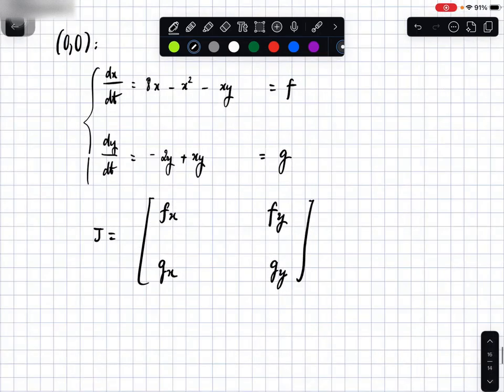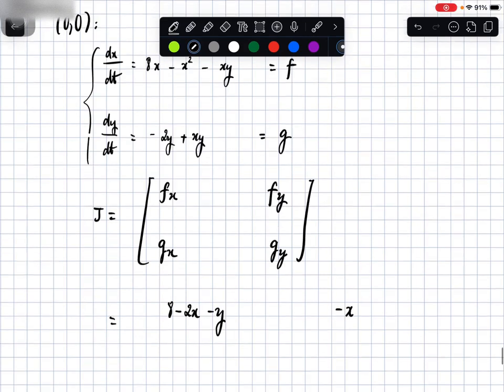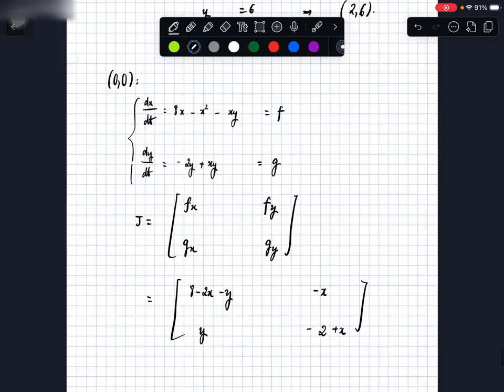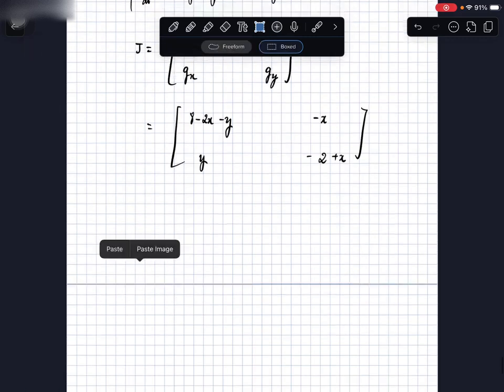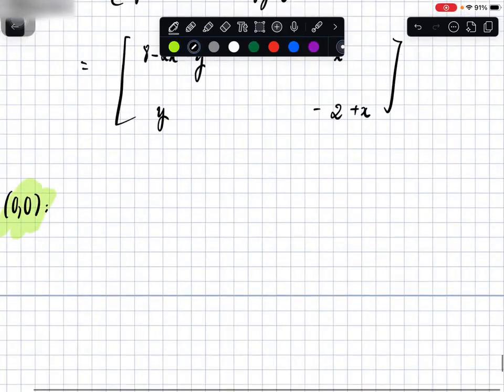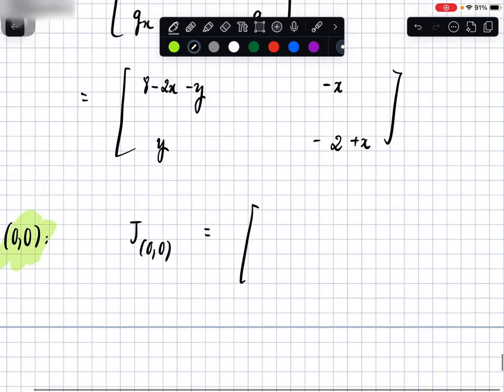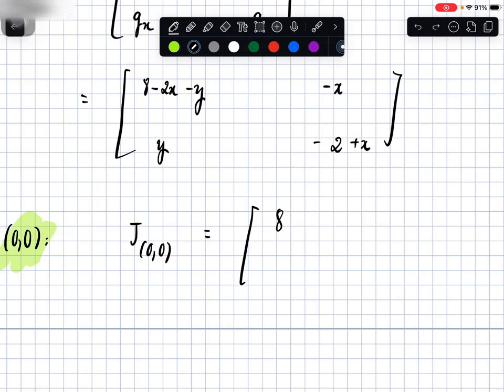So the first row is 8 minus 2x minus y, minus x, and the second row is y, x minus 2. This is the Jacobian matrix, and we consider the critical point (0, 0). Plug in the values at (0, 0): 8 minus 0, so 8, 0, 0, minus 2.